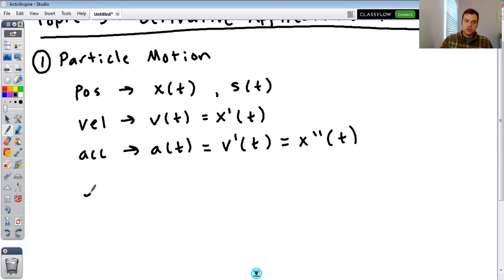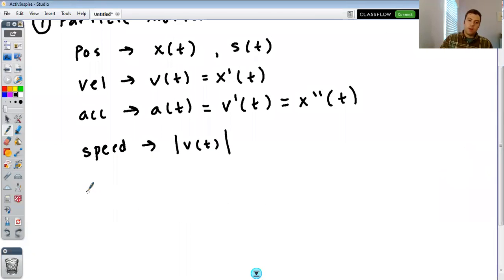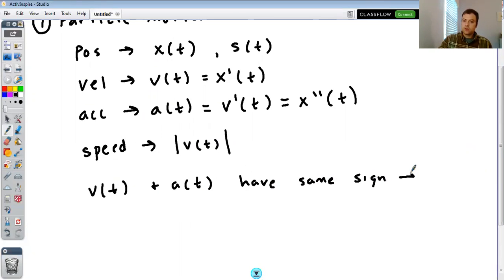Remember that the speed of a particle is the absolute value of the velocity. Get rid of the direction, just how fast is it going. Remember that when velocity and acceleration have the same sign, the particle is speeding up.